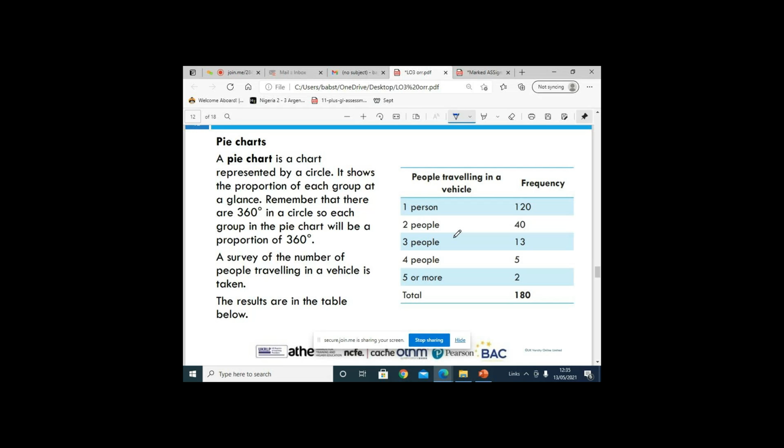The number of cars where they saw one person is 120.